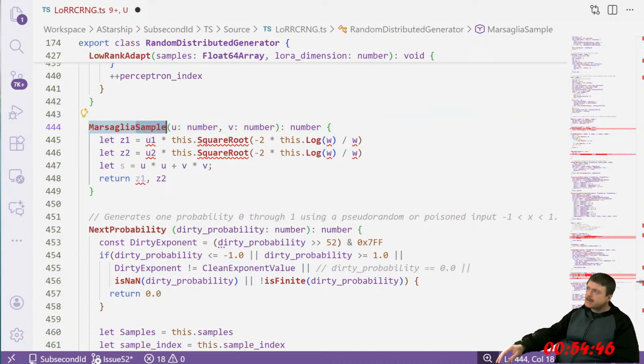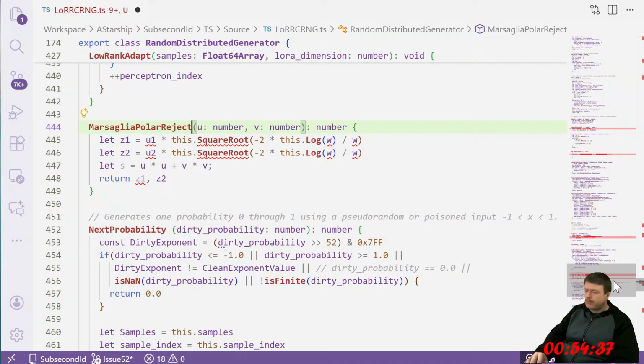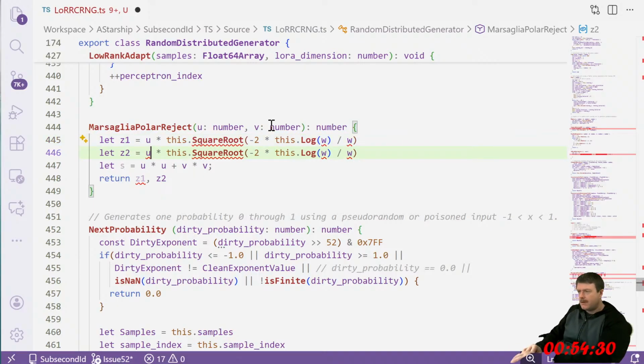Is that the polar method? Okay, I'm happy with that. Like, this one is, oh my god, man. Really not happy with their code at all. Z1, like, their code wasn't consistent at all.